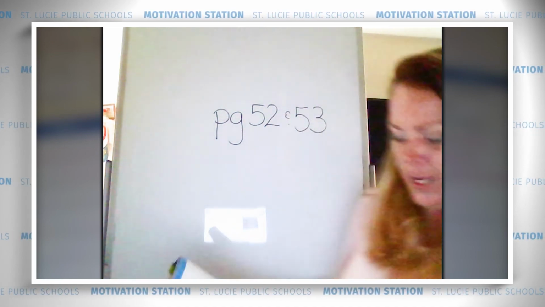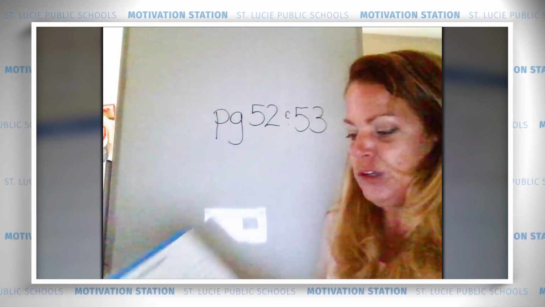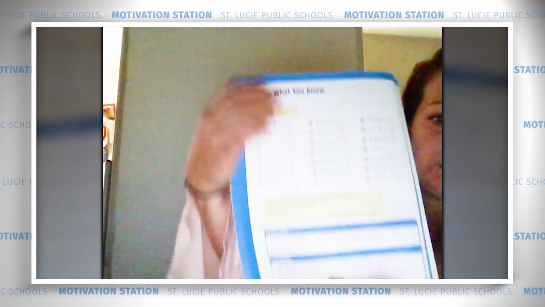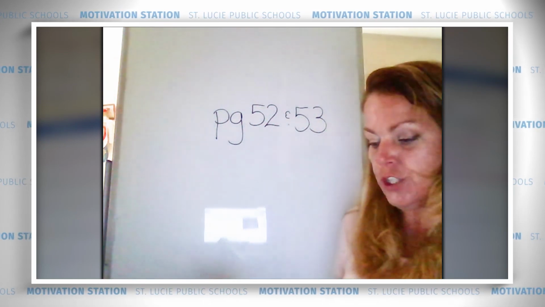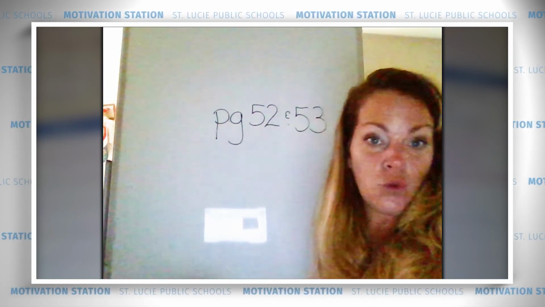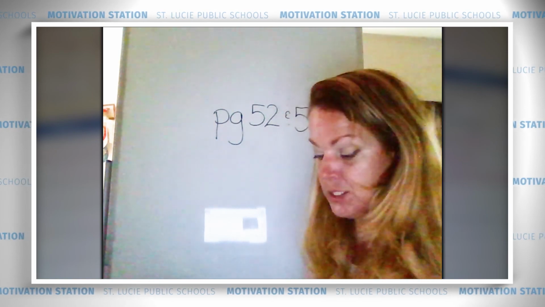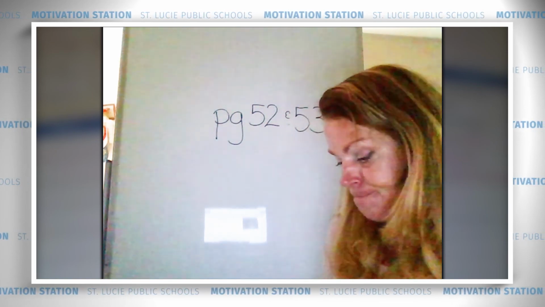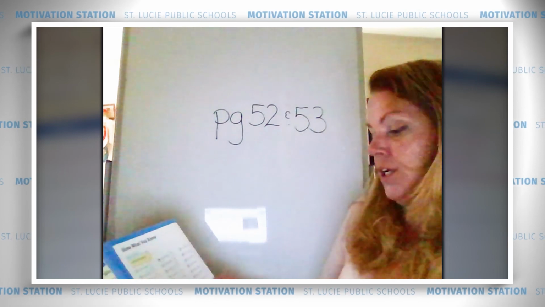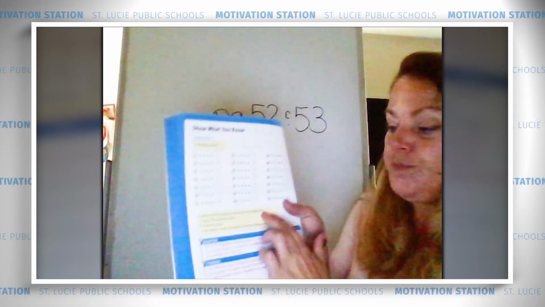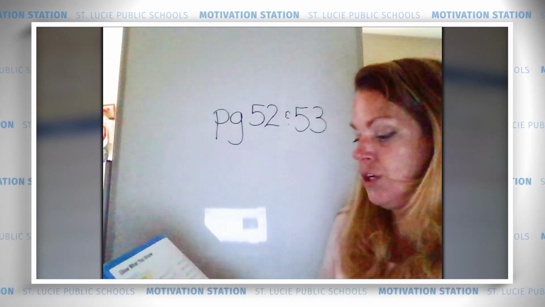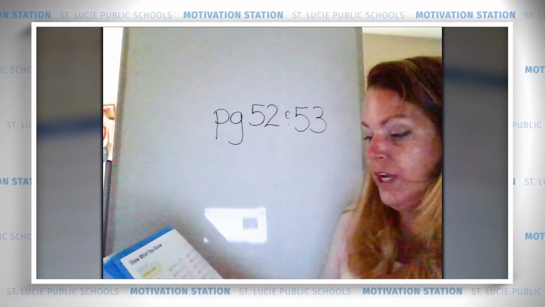The first directions on page 52, if you're looking at it here. See, there's a lot of work here. Write the product. So all you're going to do for problems 1 through 21 is just write the answer in the boxes. Okay. Now, the next set of directions in this big yellow box here, it says write one of the equations from above in the equation box.